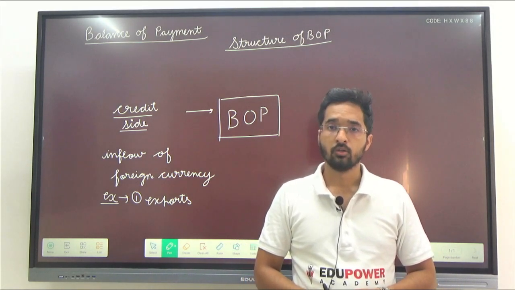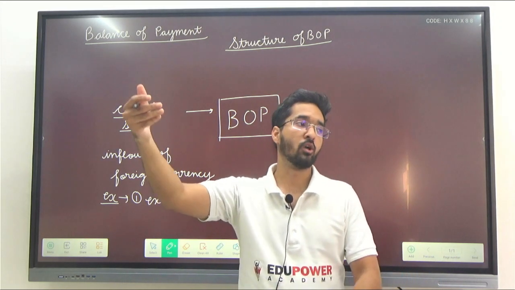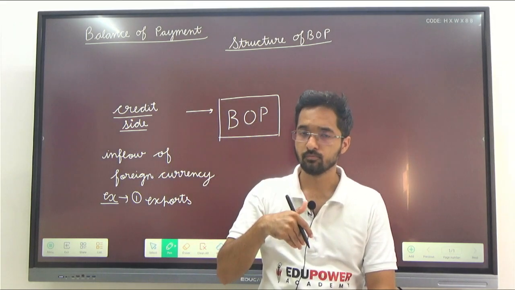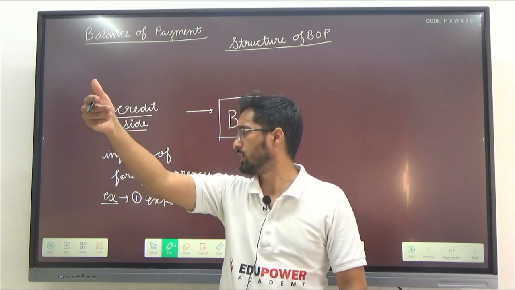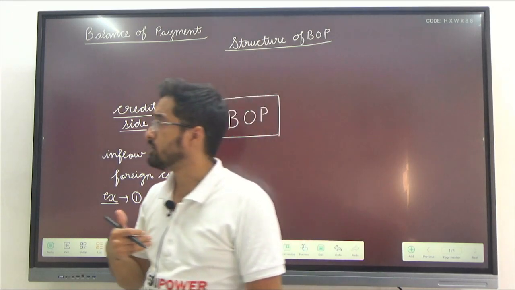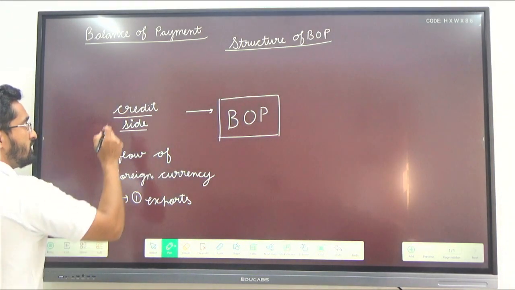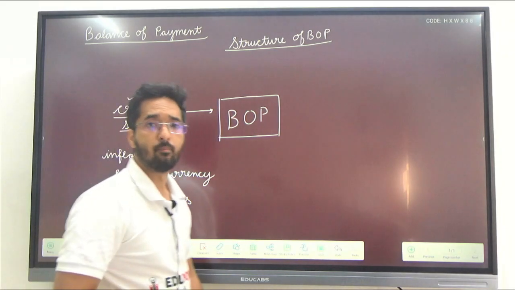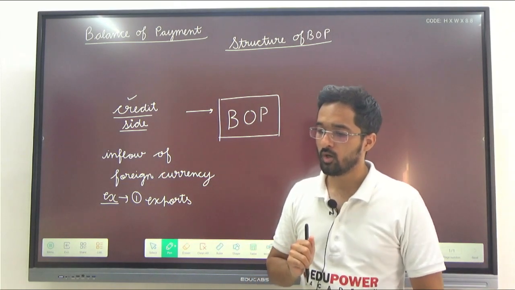If we export basmati rice, what will we get in return? We will get foreign currency, we will get dollars in return. Suppose we are exporting basmati rice to USA, so USA will pay us in dollars. Those dollars will come to India, and when they come to India, they will be registered on the credit side of the balance of payment.